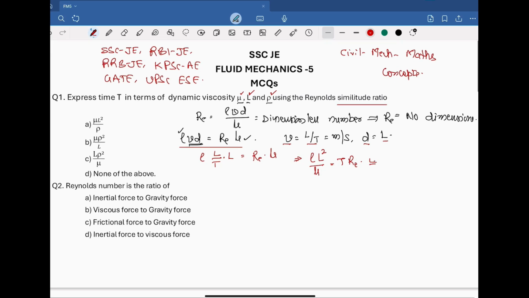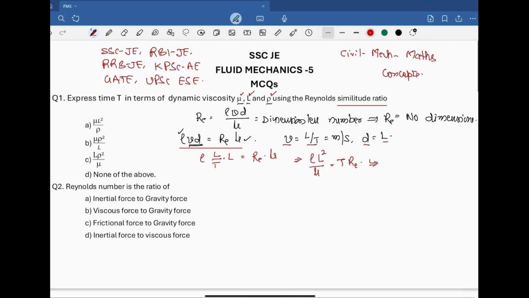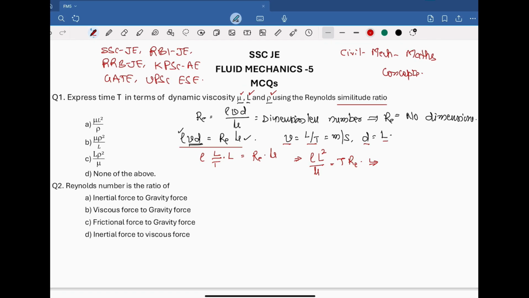This implies T is equal to rho L square by mu.